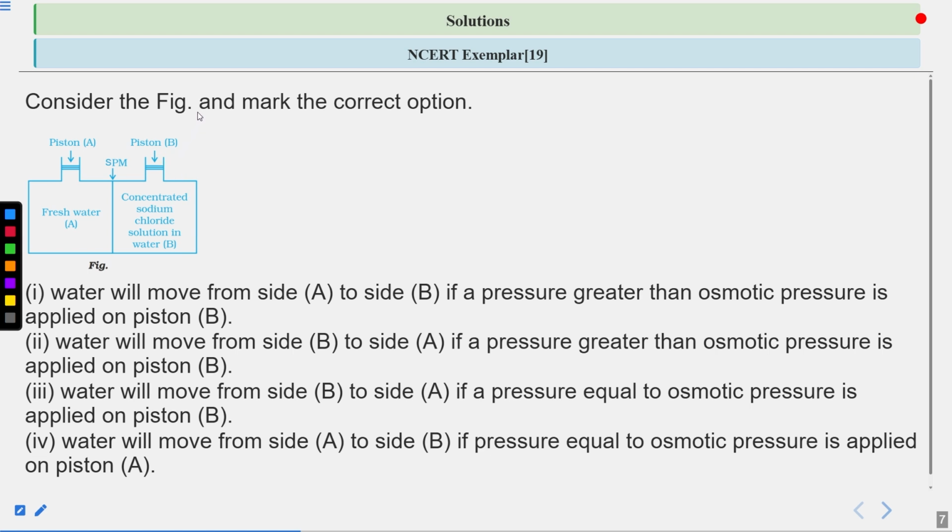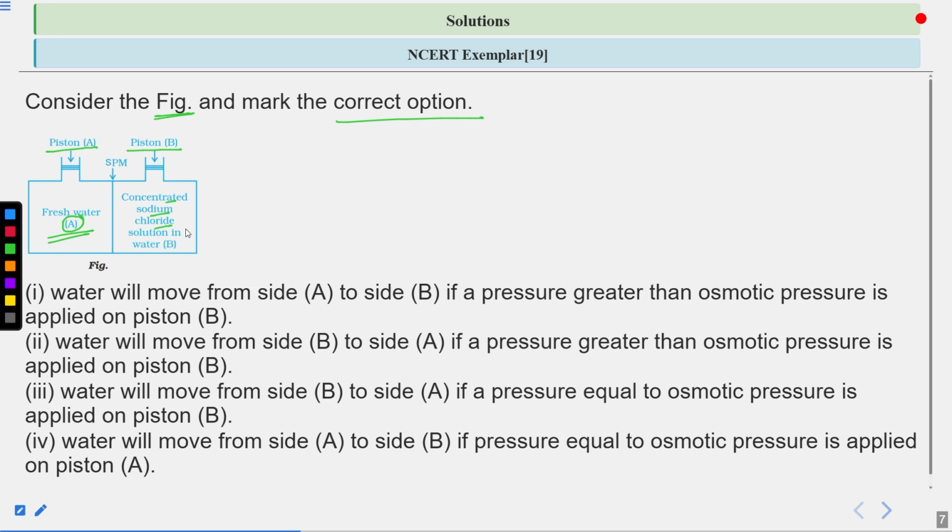Okay, so this question asks us to consider the figure given and mark the correct option. We have been given a figure where there are two containers joined together at standard pressure, and two pistons attached to these two containers, piston A and piston B. In the first container we have fresh water, considered as A, and in the second container we have concentrated sodium chloride solution in water.